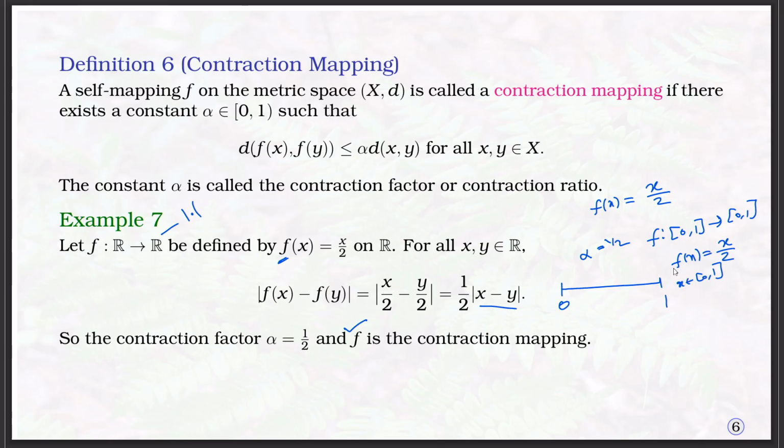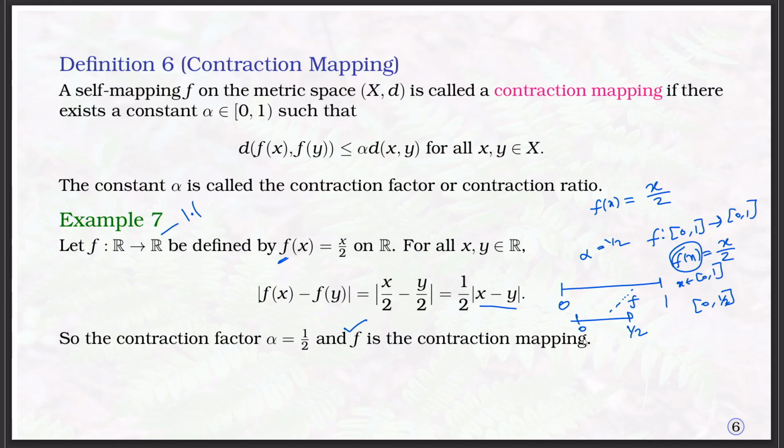So the image of this set under this function is 0 comma 1 by 2. That means the interval 0 comma 1 is reduced to 0 comma 1 by 2. Under this mapping f, this set is compressed to this one.